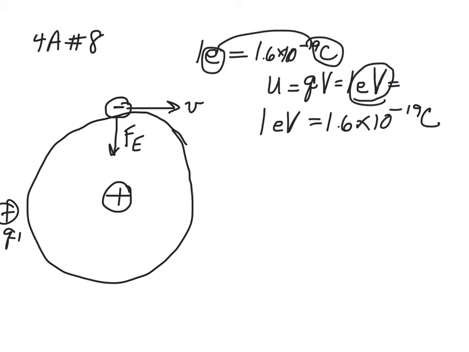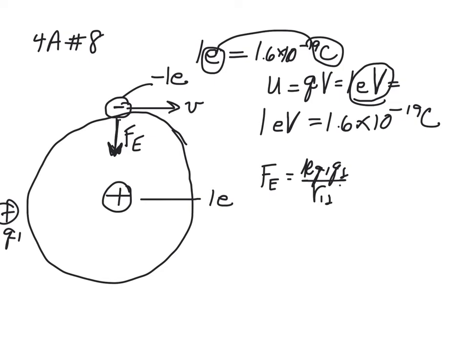The other thing is that the charge on the proton is the same as the charge on the electron, so it's 1e, and this is negative 1e. So when we calculate the force of the proton on the electron as it moves, this is like a moon moving around the Earth, that electric force is going to be K Q1 Q2 over R12 squared.